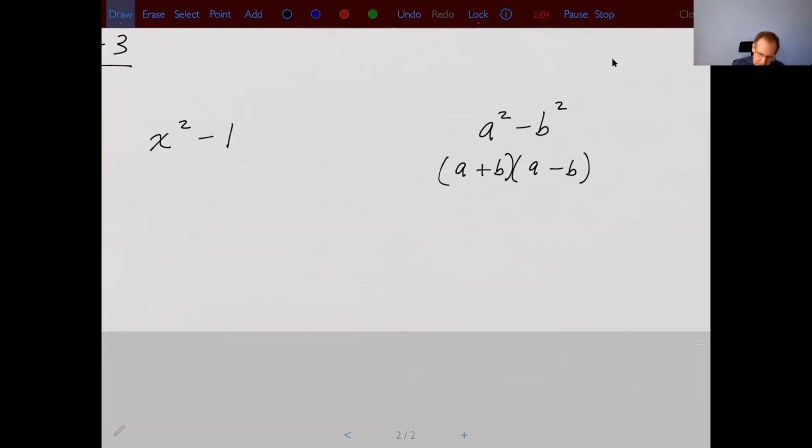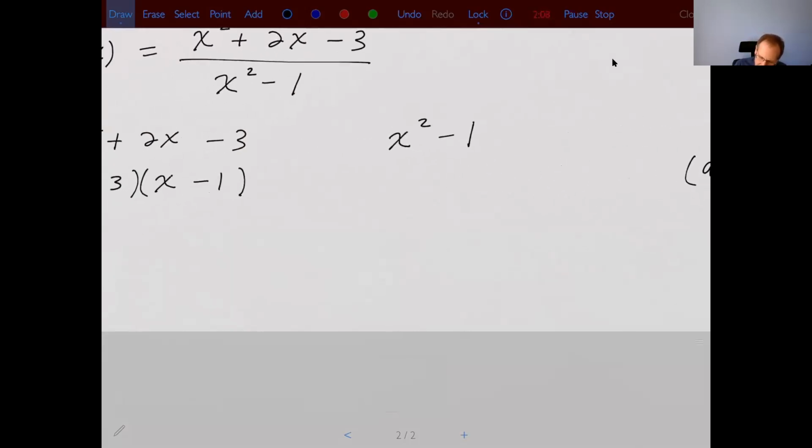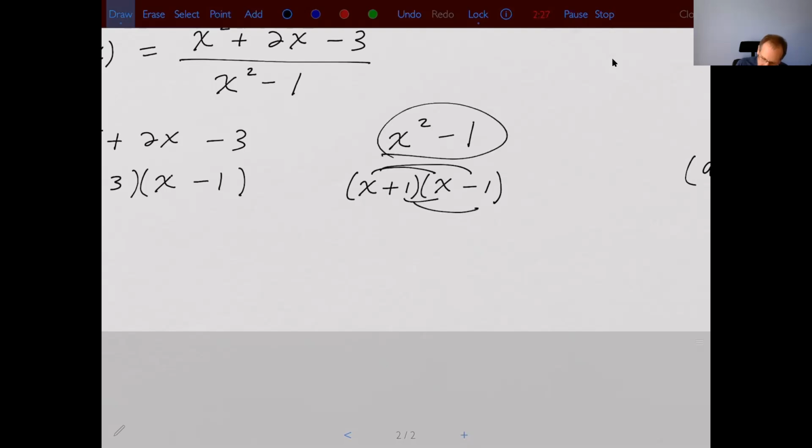So that's something that you should just remember because it comes up a lot. So x squared minus 1 is the same thing as x squared minus 1 squared. So this factors into x plus 1 times x minus 1. Okay, and again, if you want to make sure that you're correct, just multiply this back out, FOIL it back out, and make sure that you end up with x squared minus 1.